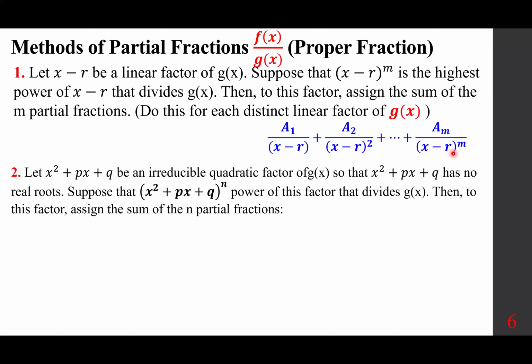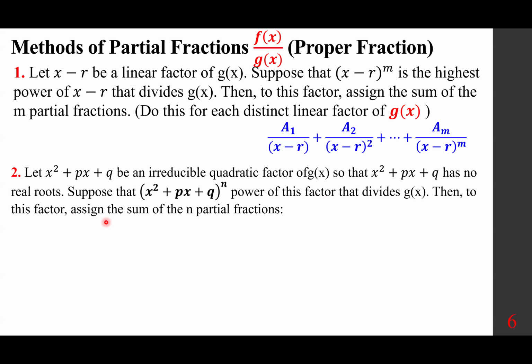Number 2, let x squared plus px plus q be an irreducible quadratic factor of g of x, so that x squared plus px plus q has no real roots. Suppose that x squared plus px plus q to the power of n is the highest power of this factor that divides g of x.